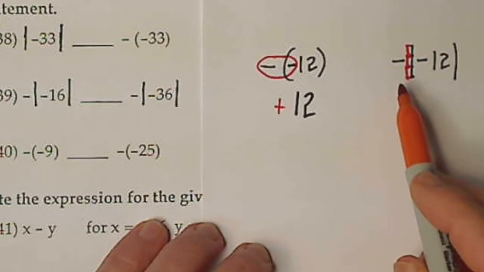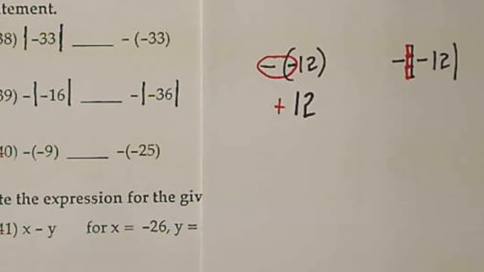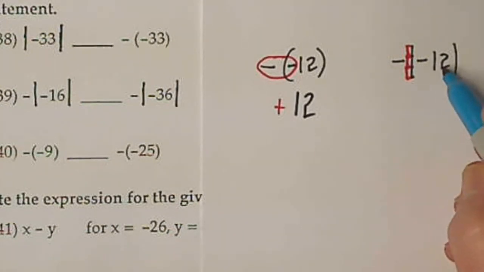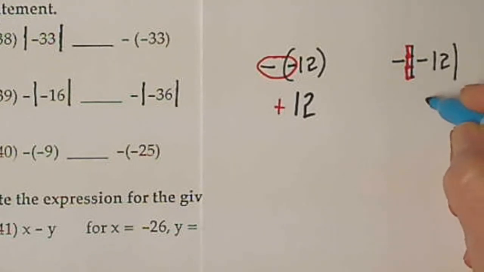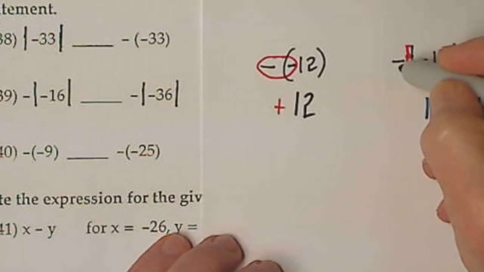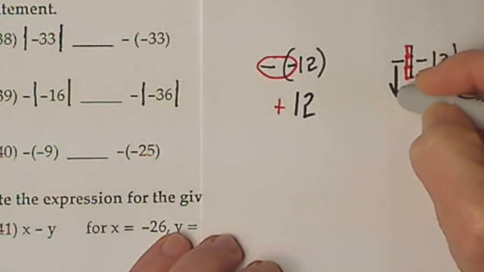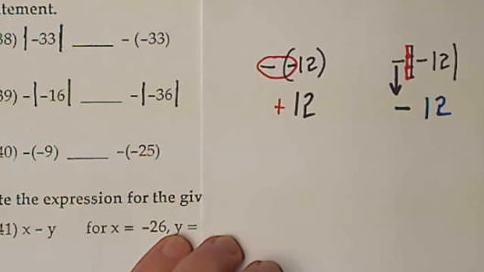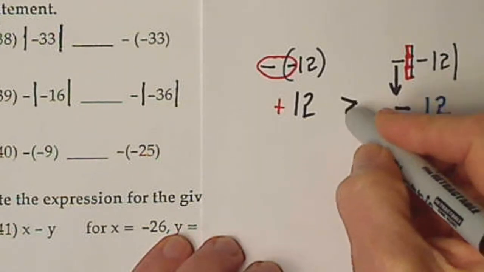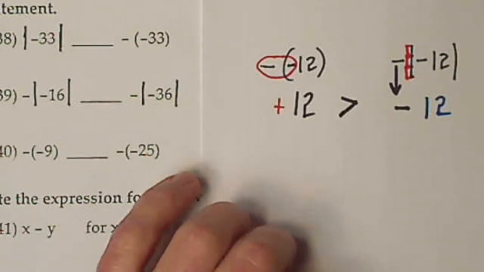Nothing gets through there. The absolute value of negative 12, that's what's right here. The absolute value of negative 12 is 12. All right. This negative sign hasn't been used yet, so it drops down, and a positive 12 is greater than negative 12. Okay, so that's how that answer would go.